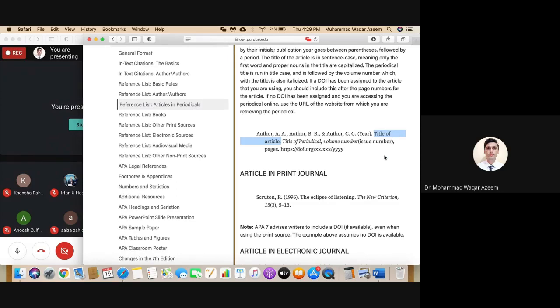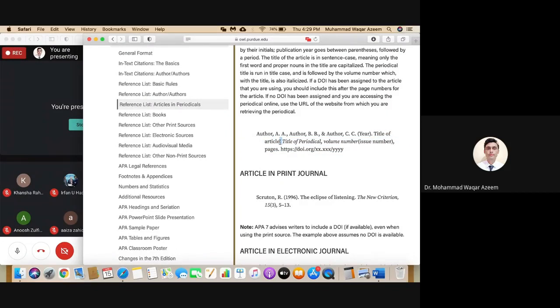Okay. Of course, if there is a word after a colon, then the first letter of that word will be uppercase. Or if there is a proper noun in the title, that proper noun will have an uppercase at the beginning. Okay. Those are the exceptions. We are aware of them. So title of the article, and then you put a period after that.